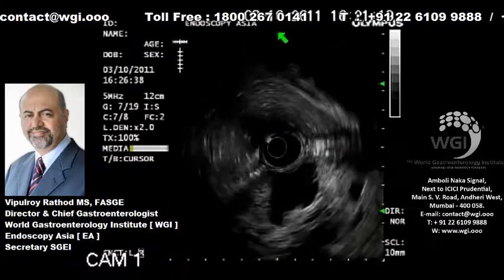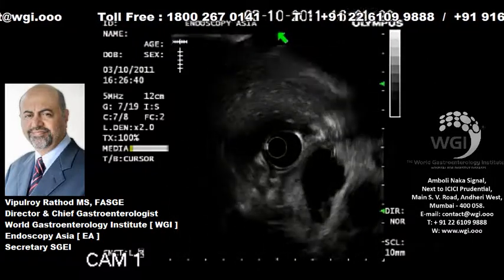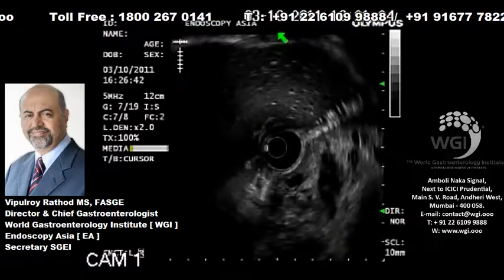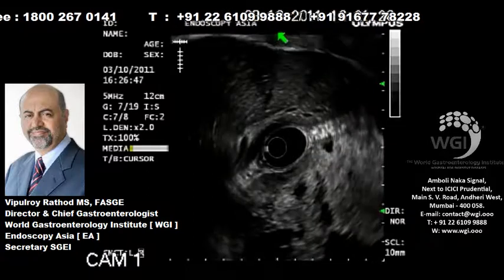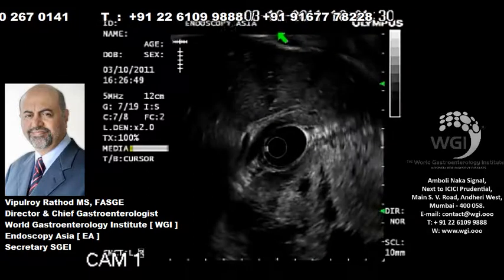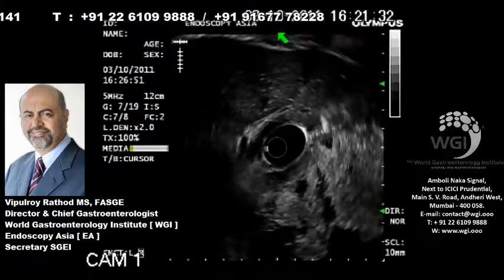I'm going to try and see the wall layers of the stomach, and you can actually see the wall layers fairly well. We'll inject some water to delineate for all of you to appreciate.